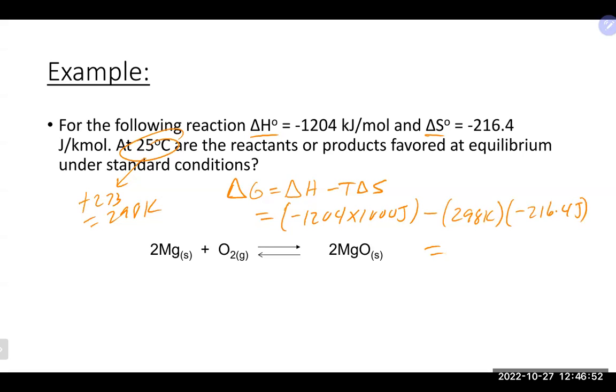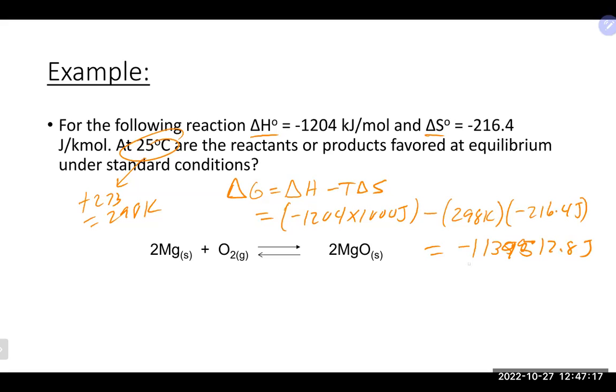That is going to get me minus 1204 times 1,000 minus 298 times minus 216.4. Looks like minus 113.395 12.8 joules, and we'll put it back into kilojoules.